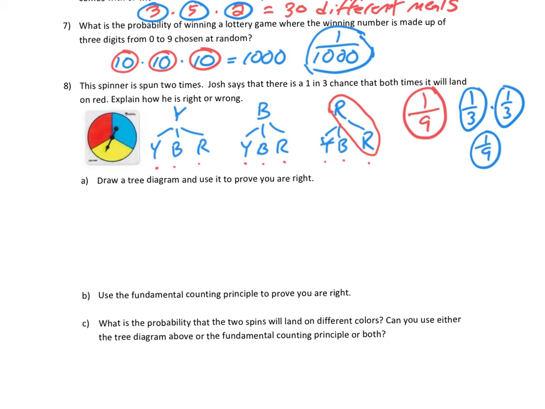So the probability that 2 spins will land on different colors, well, let's take a look here. There are 9 total possibilities, and how many of them are different colors? Let's use a different color here. There's 1, 2, 3, 4, 5, 6.